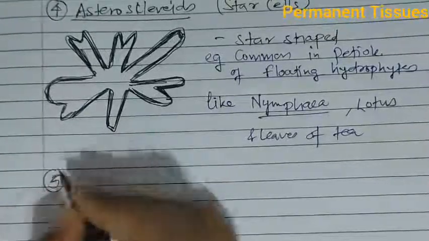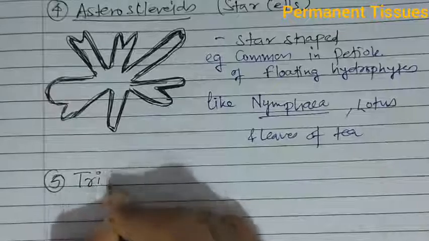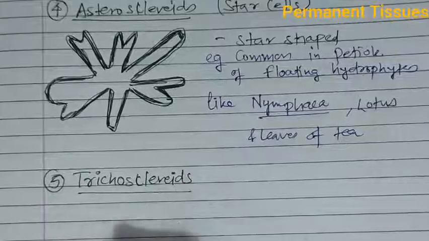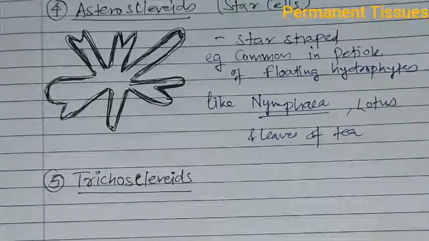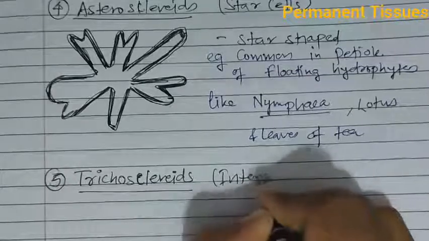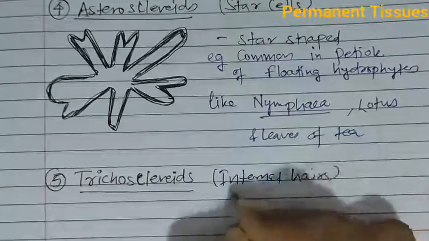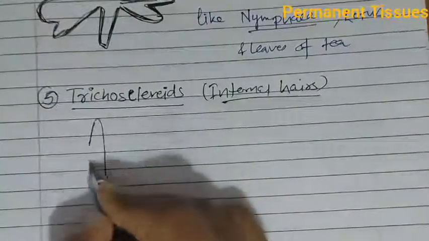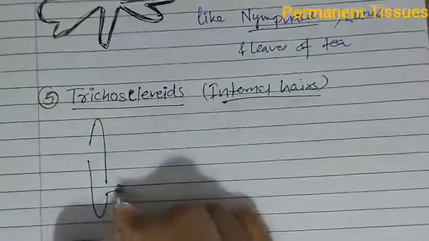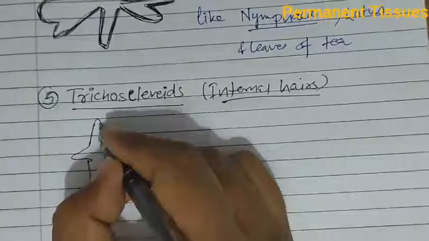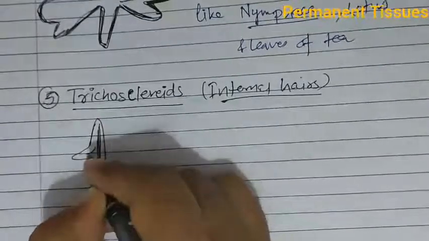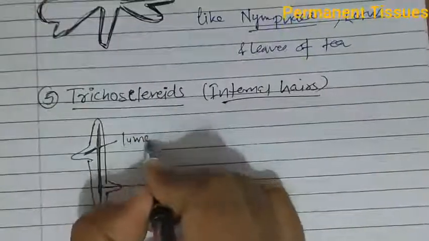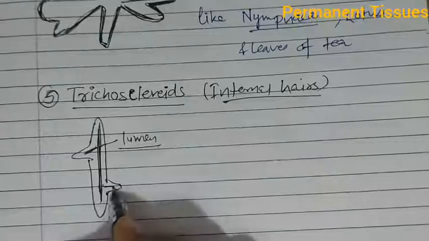Then the fifth one is trichosclereids. They are internal hairs. The diagram looks somewhat like this. This is the lumen, unwitched, and they have a hair-like projection here.